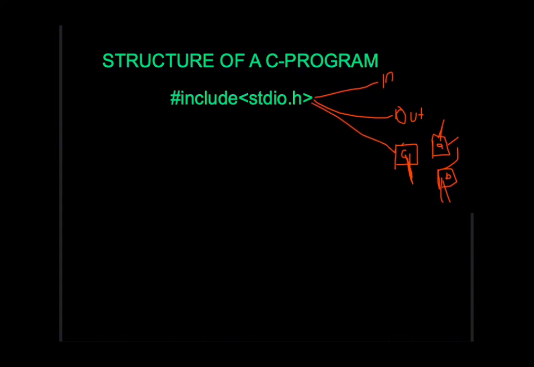A library is just like a box that contains functions. It contains a lot of functions, and we have a lot of libraries. This one is include stdio.h, and we have string.h, and math.h. These libraries store functions.